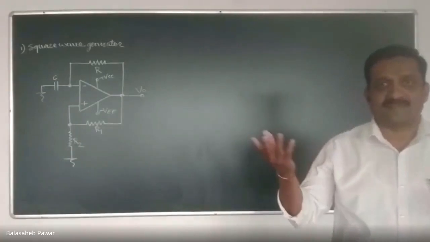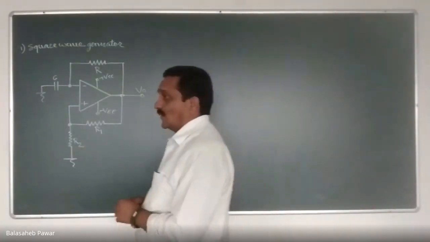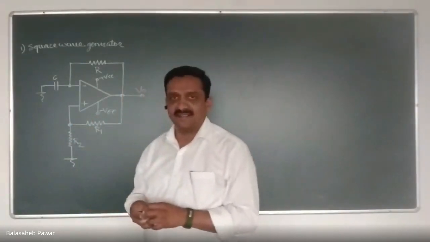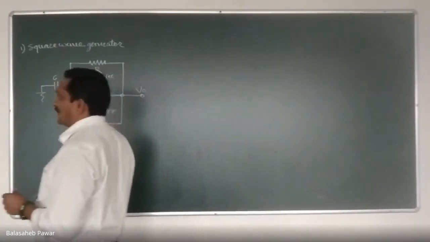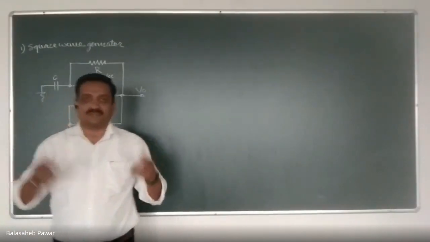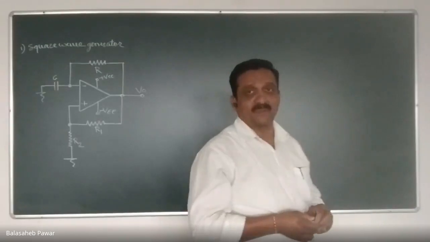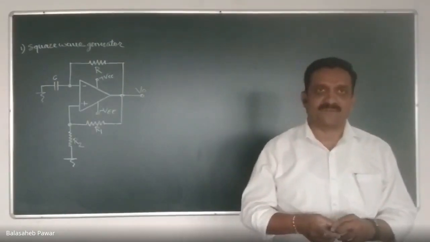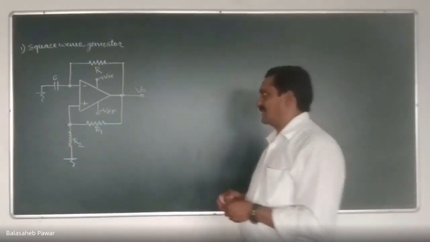You determine slew rate, you determine CMRR, bias current, offset voltages, etc. Right? So remember, for ideal op-amp, that output offset voltage is 0. But for practical op-amp, it is non-zero. It is very, very small, but it is there, right?